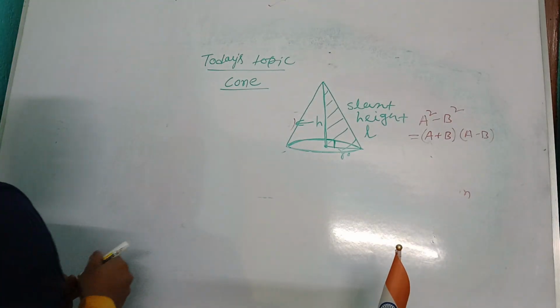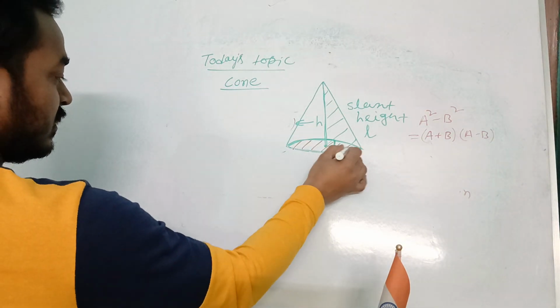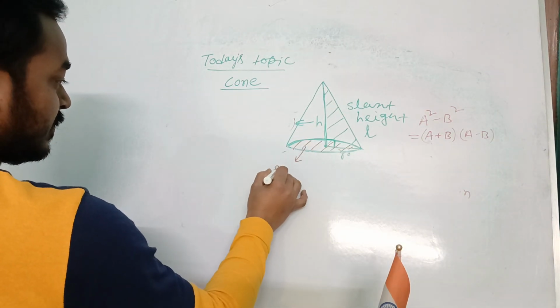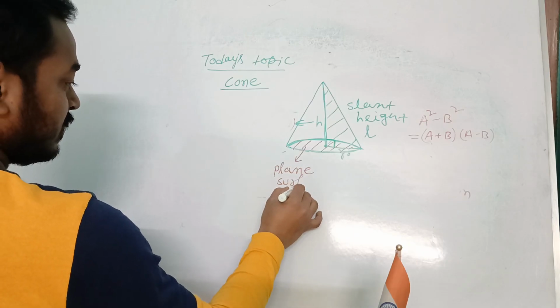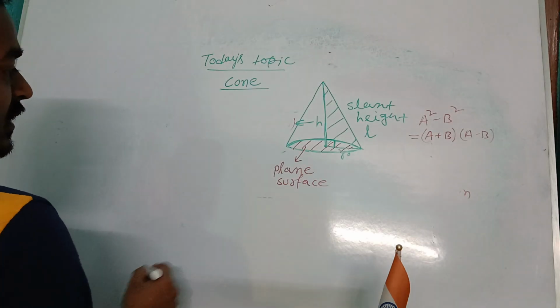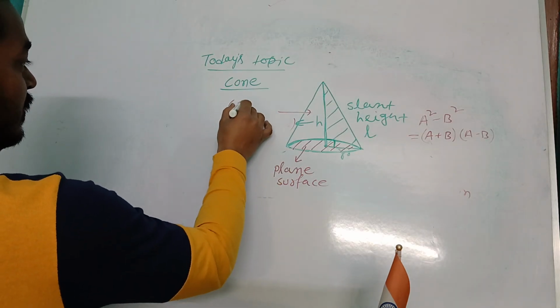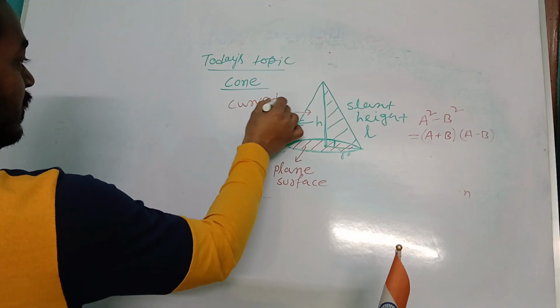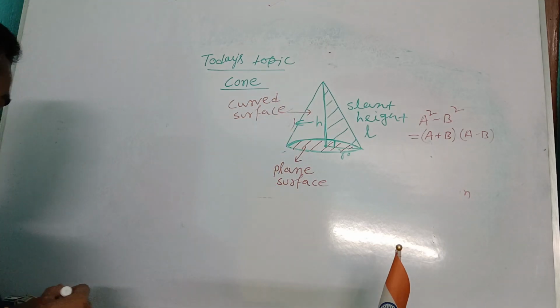You can say two surfaces. This one is the plane surface, and this is the curved surface. Plane surface and curved surface.